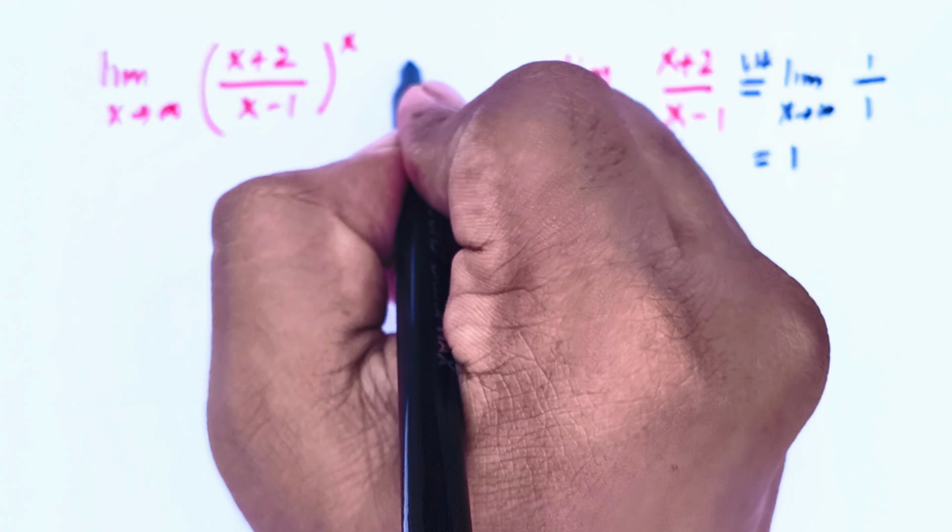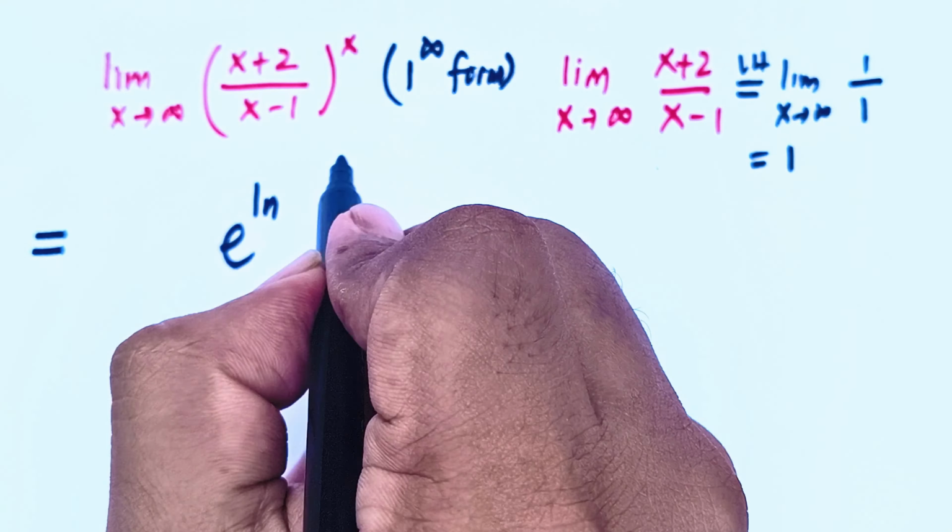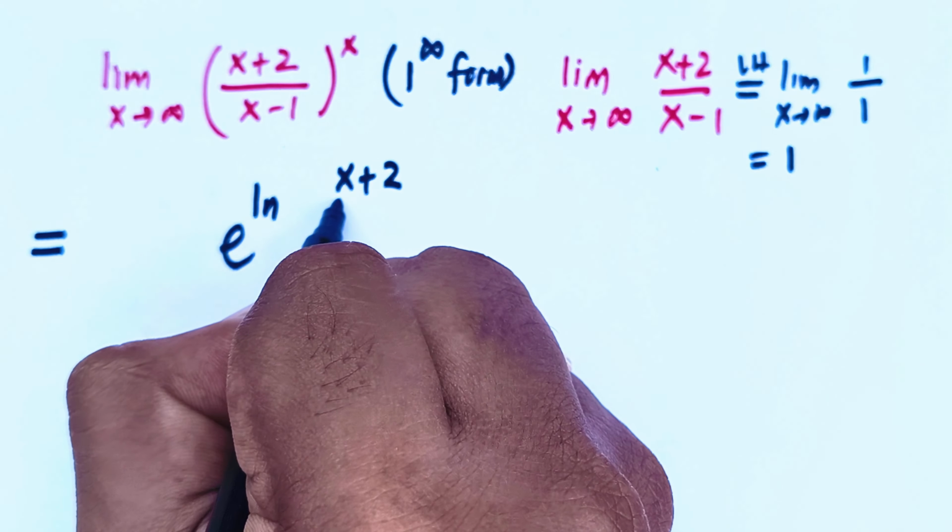And what is our procedure? Right, e to the power ln of this whole quantity, x plus 2 over x minus 1 to the power x, and here we have the limit. Next, what we will do, just take x outside.